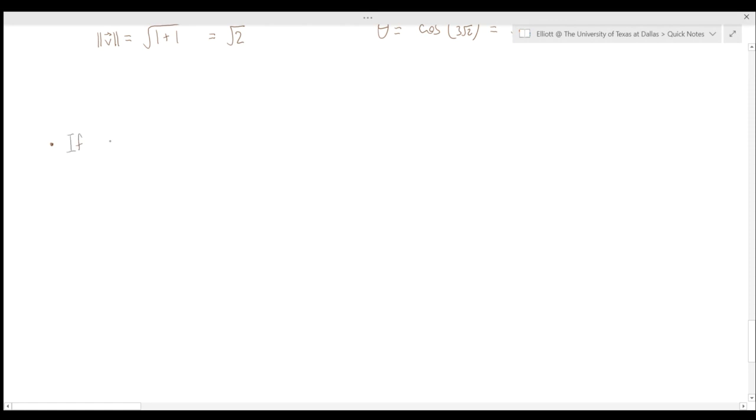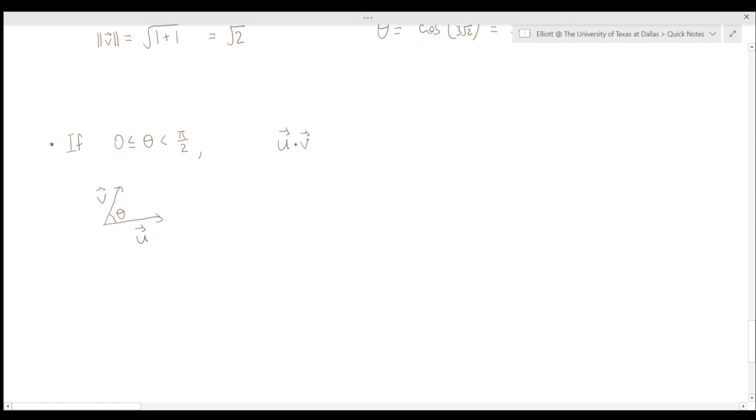All right. So if the angle theta lies between 0 and pi over 2, so if the angle is an acute angle, so cosine is positive in the first quadrant.